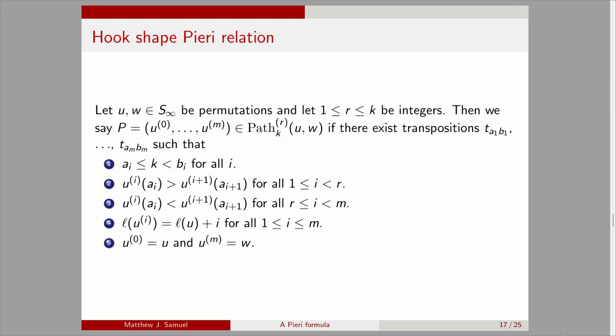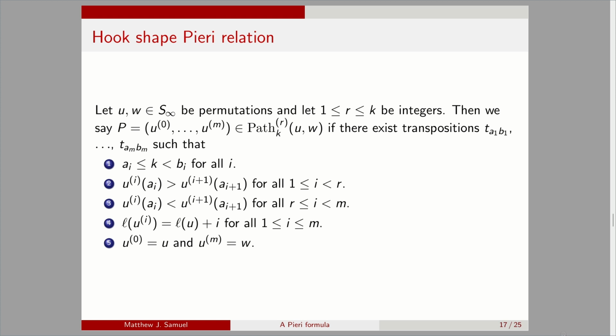So the relation depends on more variables here. We define the hook shape Pieri relation. We let u, w, and s_infinity be permutations, and we let r and k be integers, r greater than or equal to 1 and less than or equal to k. Then we have this path p, u_0 through u_m, and we say it's in the path set P_{k,r}(u,w) if there exist transpositions t_{a1 b1} through t_{am bm} such that these conditions are satisfied.